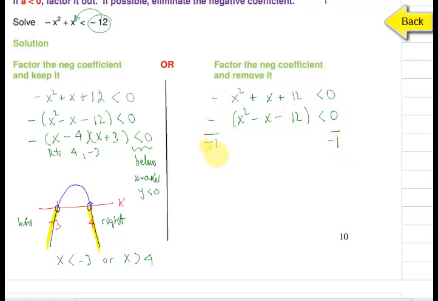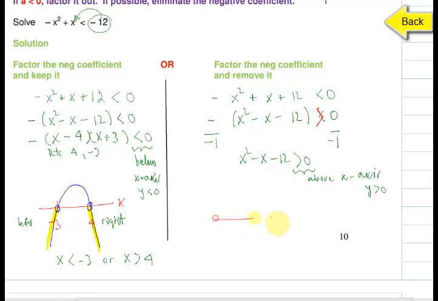Now remember, when you divide an inequality on both sides by a negative number, that reverses the inequality sign. So we're not going to have less than anymore, we're going to have greater than. Okay, so what we have then is x squared minus x minus 12 is greater than 0. We're looking for above the x-axis where y is greater than 0.